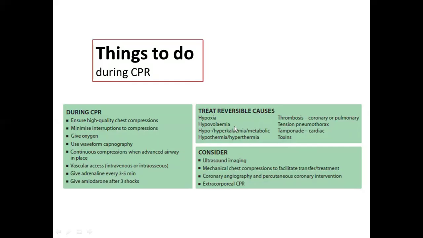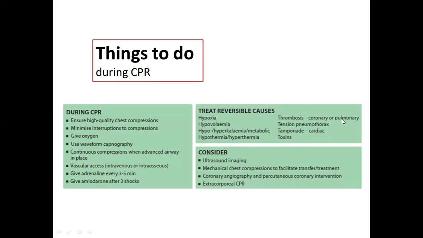Hypoxia, hypovolemia, electrolyte imbalance, and sugar problems, and metabolic issues, hypothermia and hyperthermia, thrombosis, that means pulmonary embolism and ACS, tension pneumothorax, cardiac tamponade, and toxicological causes. Those are the reasons for cardiac arrest.